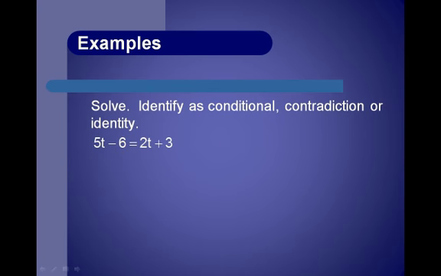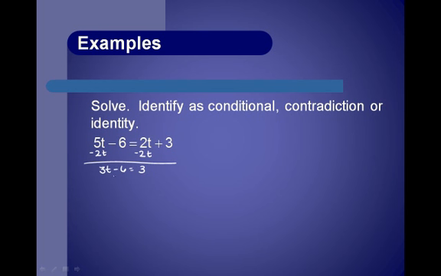Now this one does not have parentheses, but we're going to get all the letter terms or the variables on one side. So we've got a positive 2t here, so we're going to subtract 2t from both sides of the equation. That would give us 3t minus 6 equals 3. Then we're going to add the number terms back to the other side.